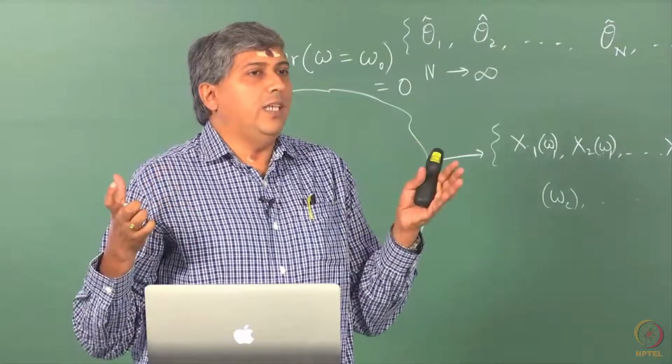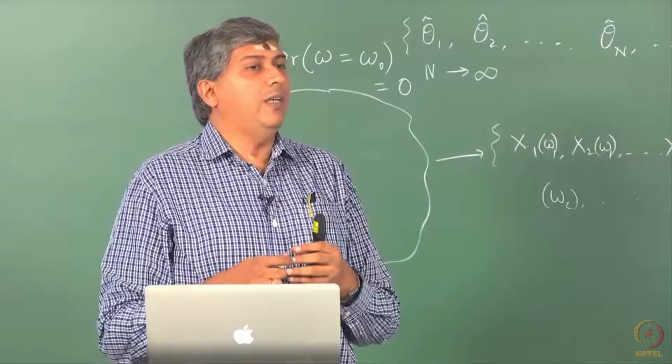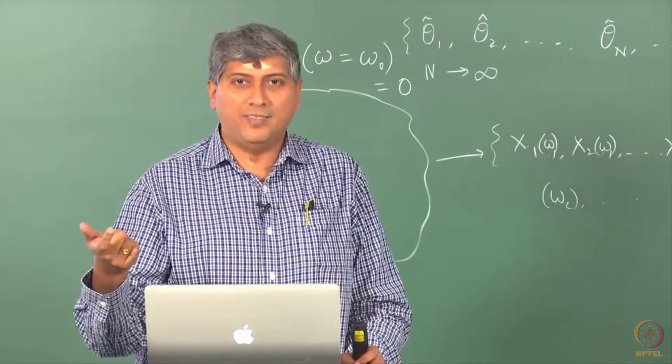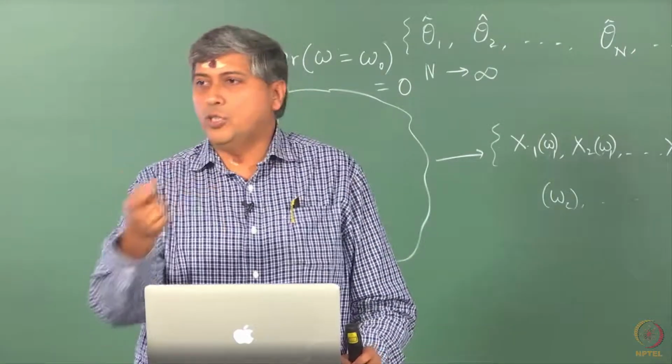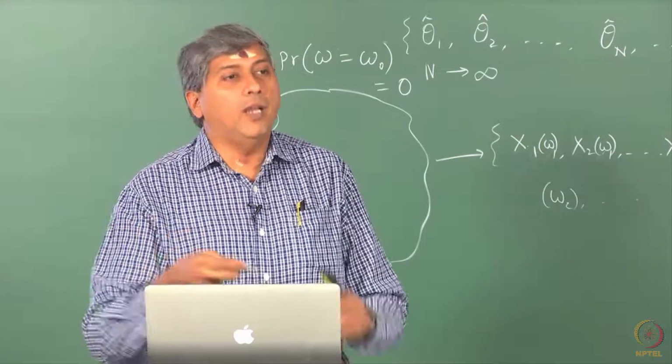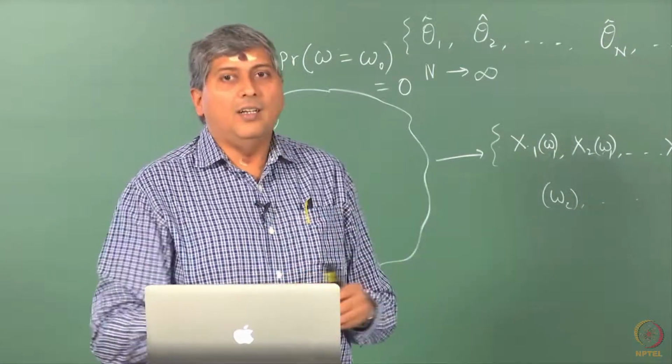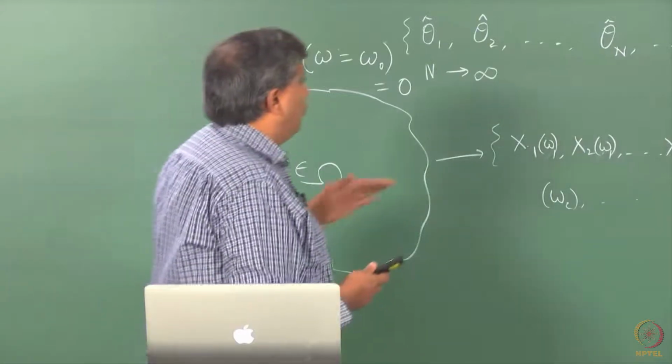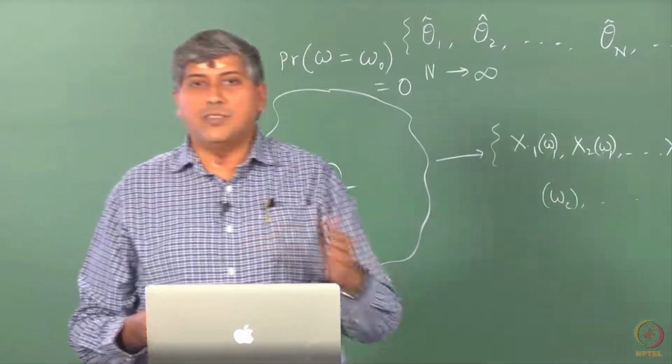And you can think that if they correspond to the experimental index, then there is no issue of almost sure convergence. But if it is something else, then we have to distinguish between almost sure convergence and pointwise convergence.